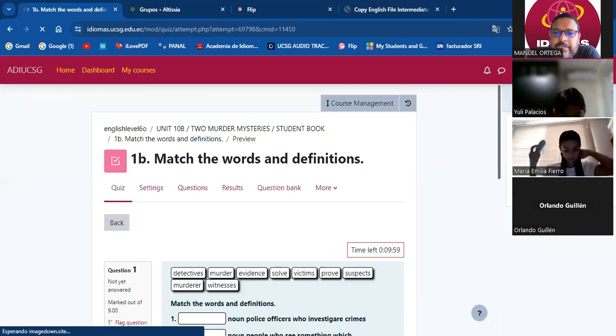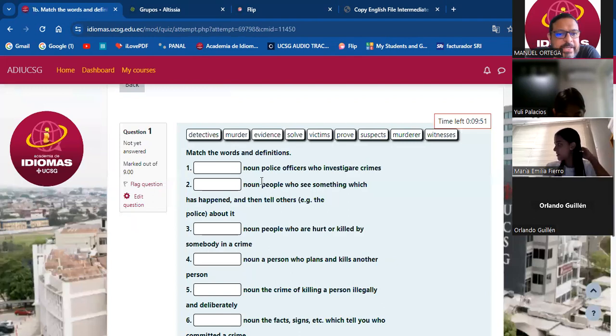Related to the words that we just covered, it's a noun, sustantivo, right? Police officers who investigate crimes. Detective. Thank you, Ms. Fierro. Detectives, so we go in there.